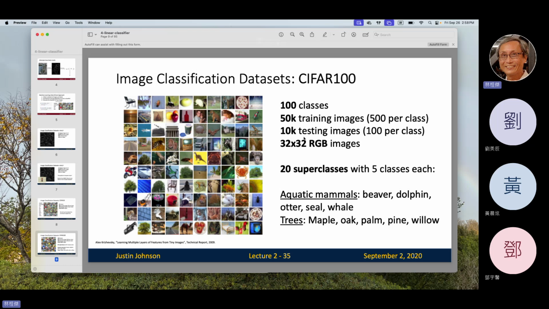The number of training images per class is 500, so the total size of the picture set is still the same, but now the classes are included. It included some aquatic mammals, beaver, dolphin, and such. You have tree, but not just tree, also depending on the different type of tree.